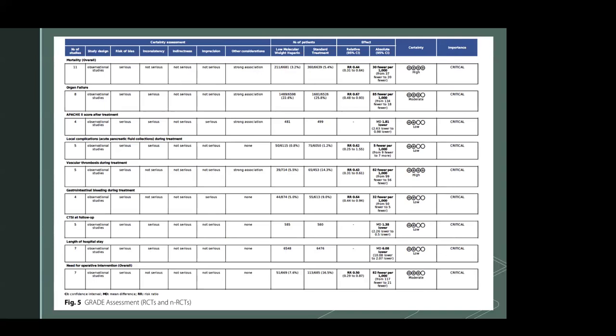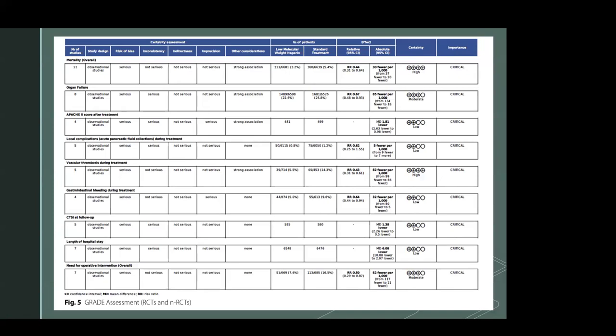The GRADE system is usually used in a meta-analysis, and this refers to the Grading of Recommendations Assessment, Development and Evaluation system. This includes rating the quality of assessment, factors that can increase the quality of assessment, and strength of recommendation based on the quality of evidence.